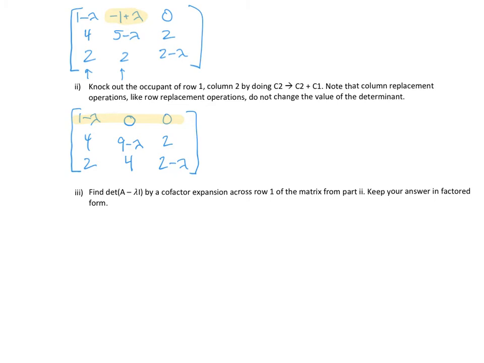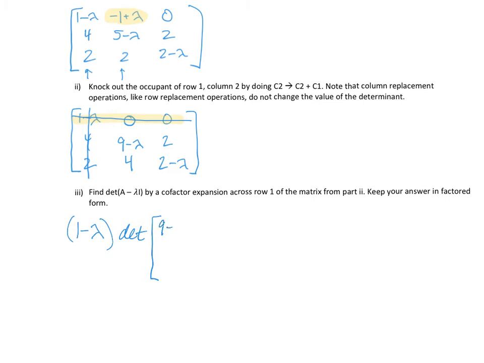I'm going to do 1 minus lambda times the determinant of the 2 by 2 matrix that remains when I knock out the row and column that hold 1 minus lambda.